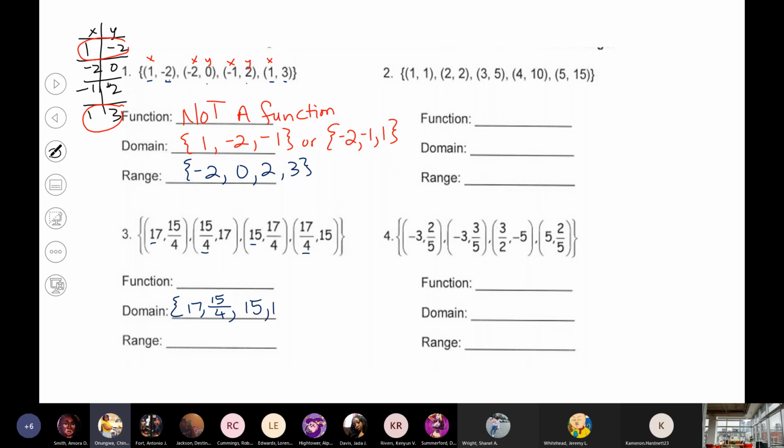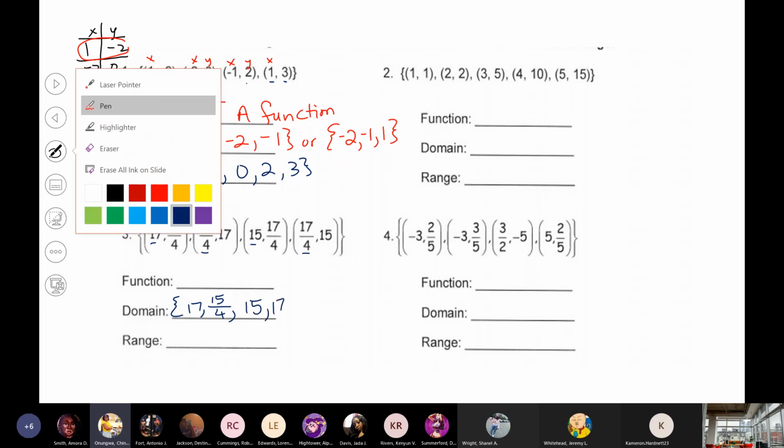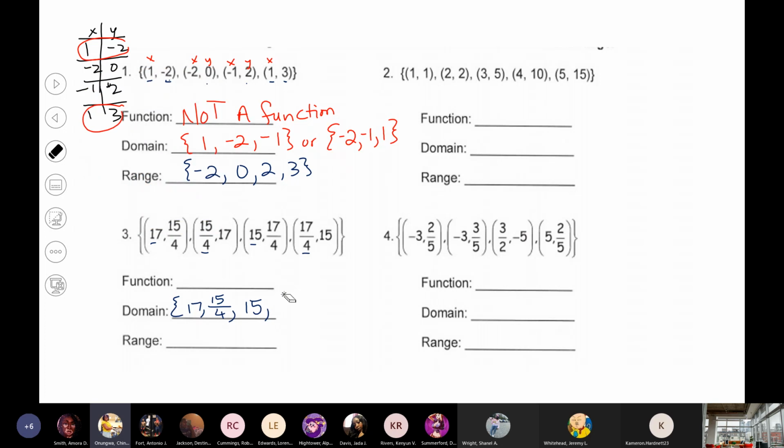So I'm just going to rewrite this. After I write it, I'm going to rewrite it again just so you can see.